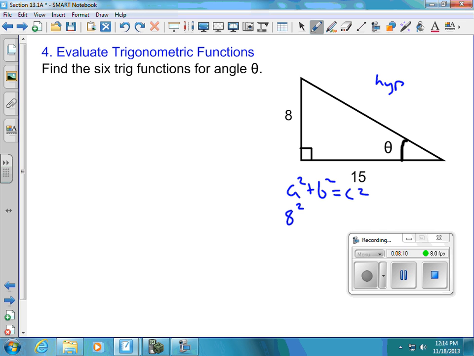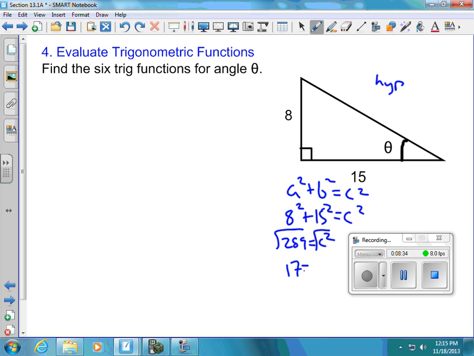Our legs are 8 and 15. I know they are because they're not the side across from the 90-degree angle. So 8 squared plus 15 squared is 289. We take the square root of both sides and end up with c equals 17.